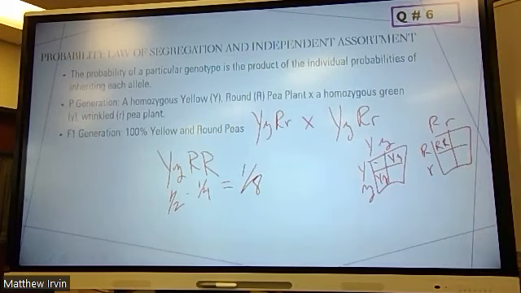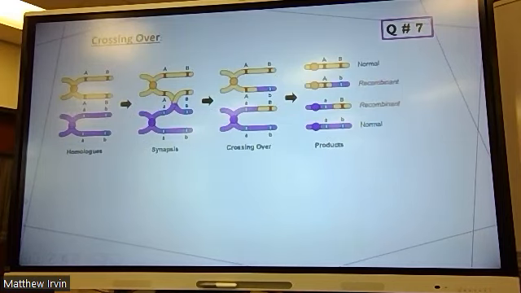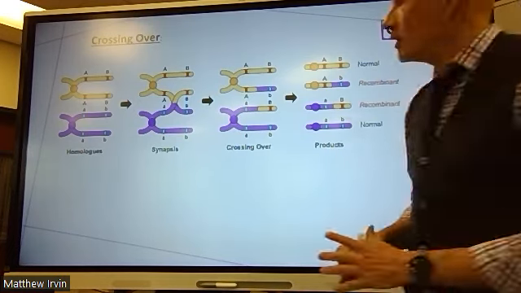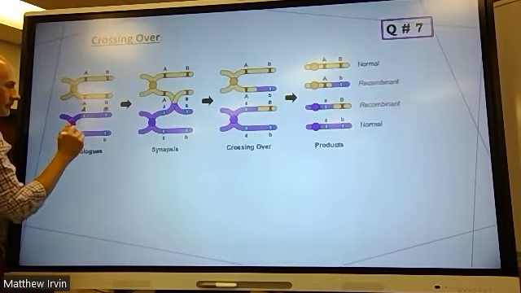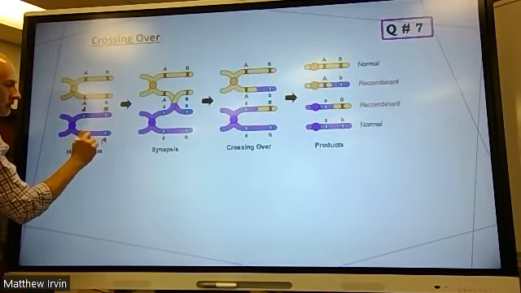So, all right. When we do crossing over, again, crossing over only matters when it is heterozygous. So if both of these were big A, big B, if crossing over happened, you'd get the same result. It wouldn't matter.